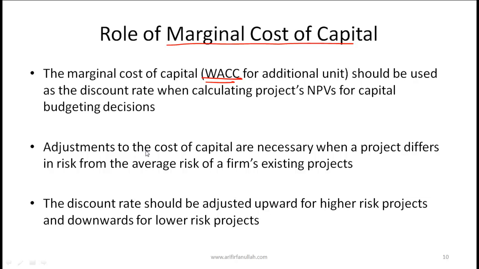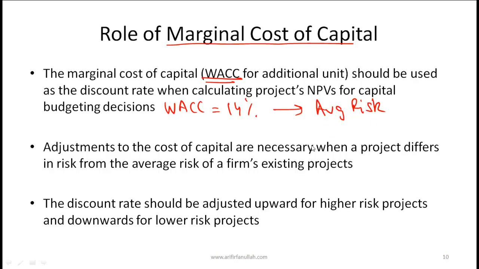However, adjustments to the cost of capital are necessary when a project differs in risk from the average risk of a firm's existing projects. So if we come up with a number that WACC is equal to 14%, this 14% is for average risk projects.